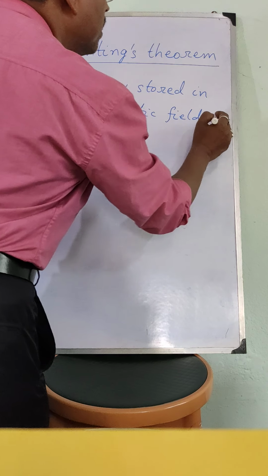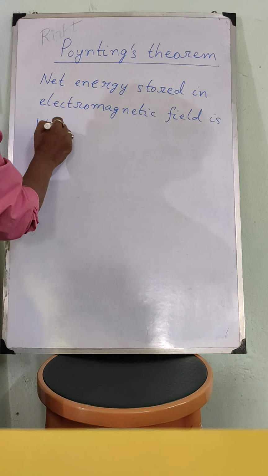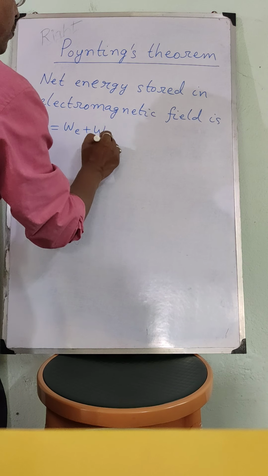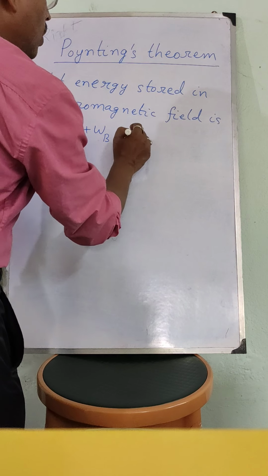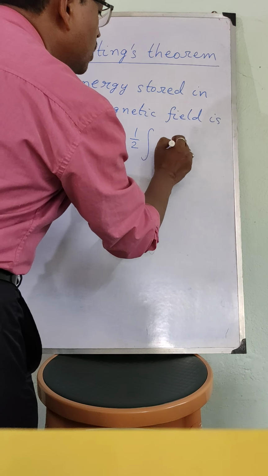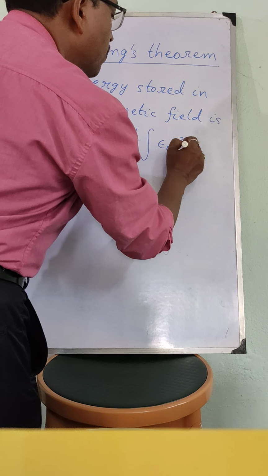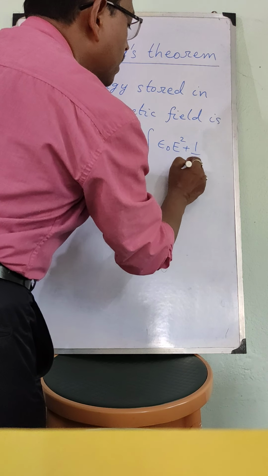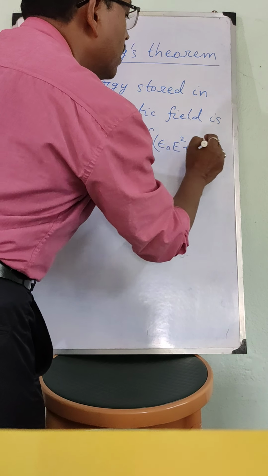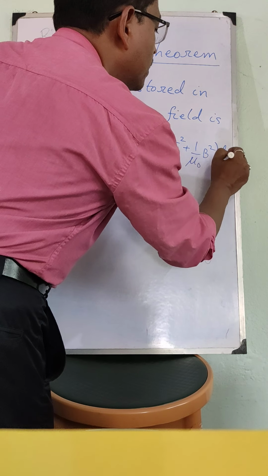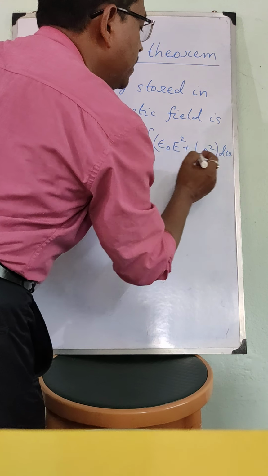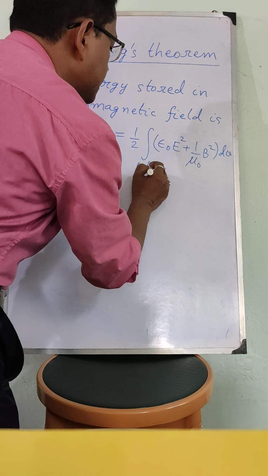The net energy stored in the electromagnetic field is W, that is equal to WE plus WB, that is equal to half of integration epsilon 0 E square plus 1 by mu 0 B square dV, where dV is the differential volume element, over whole space.